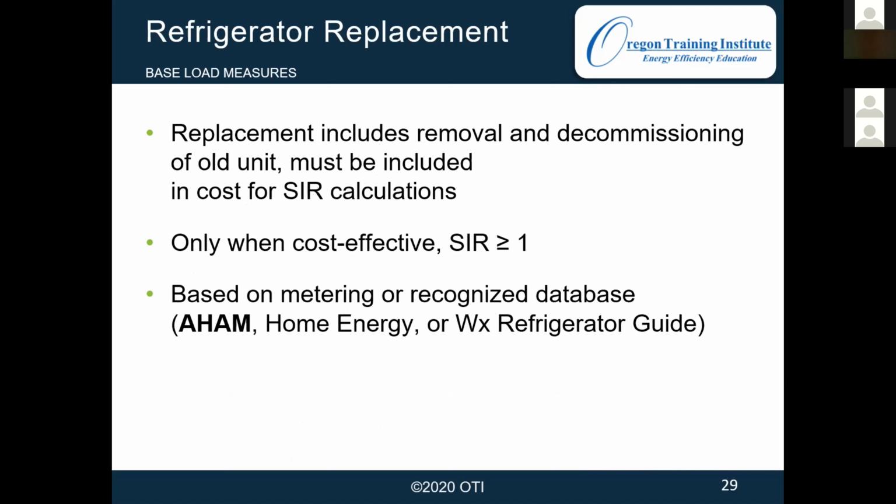We're going to do that by using a watt meter to measure the electricity. And if the fridge is a high user and replacement has a SIR of 1 or greater, then that's definitely allowable. We may not be able to get a super fancy one with all the bells and whistles, but we get them one that's the same size and energy efficient.